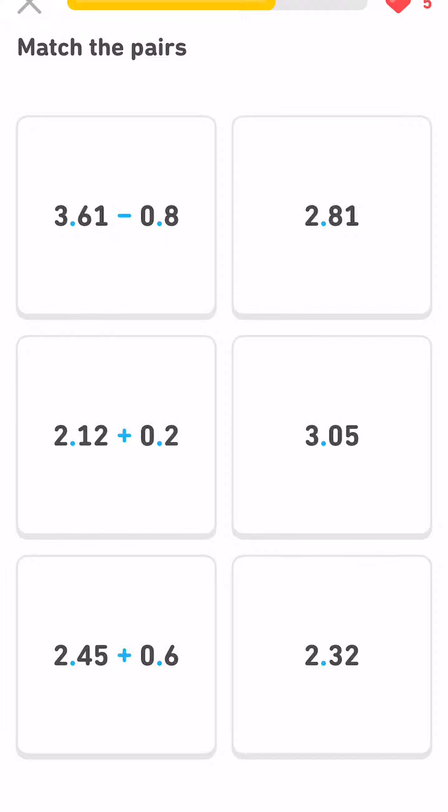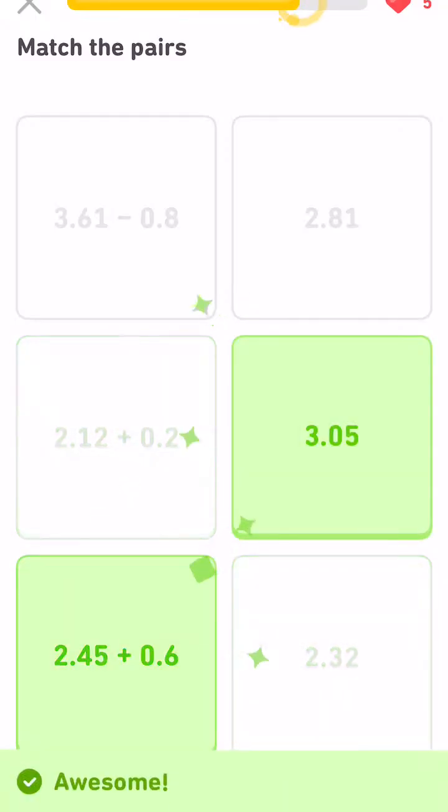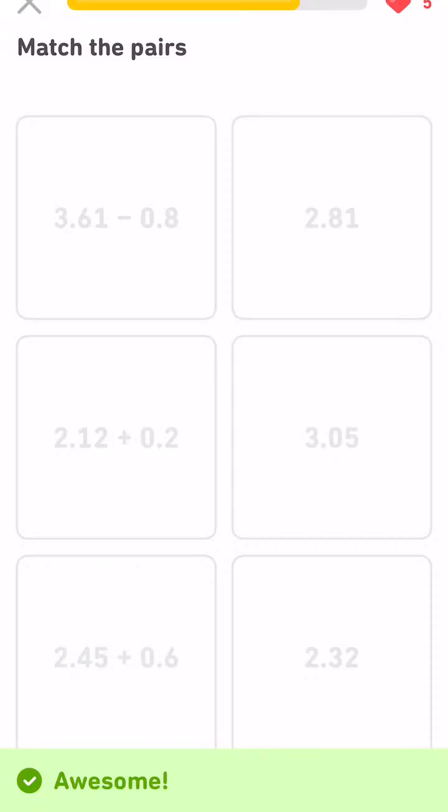Okay, now we have 3.61 minus 0.8. That's 2.81. And then we have 212 plus 0.2, which would be 2.32. Okay, there we go.